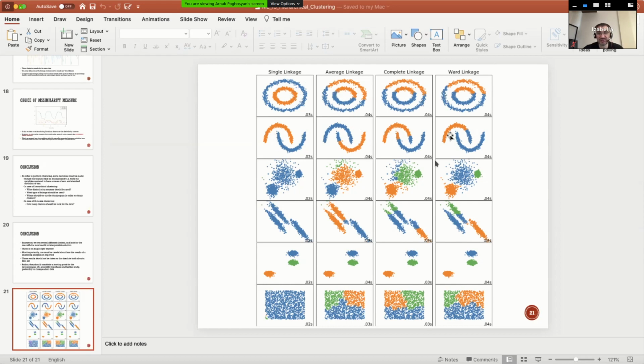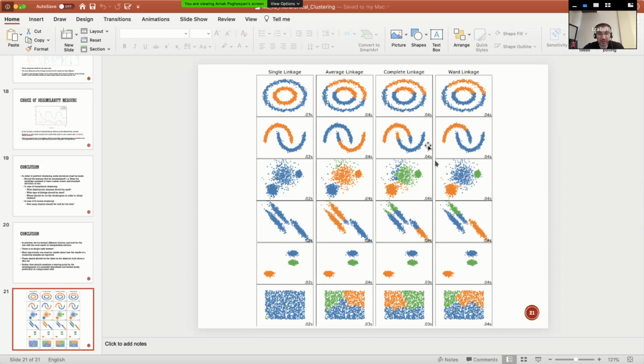And you can see that for the second example, these semi-moon structures, again single linkage is the only one working, because in other cases the requirement of convex clusters becomes very important. Why? Because in these cases we are trying to minimize an objective function which is very close to within-cluster variation, so cluster standard deviation becomes very important, while for single linkage it is not.